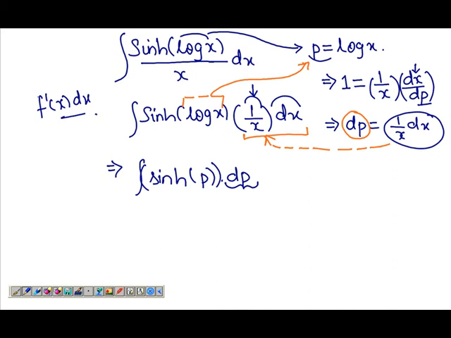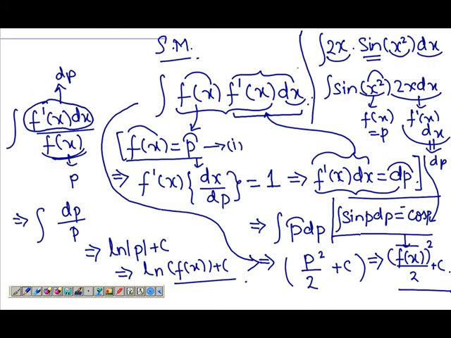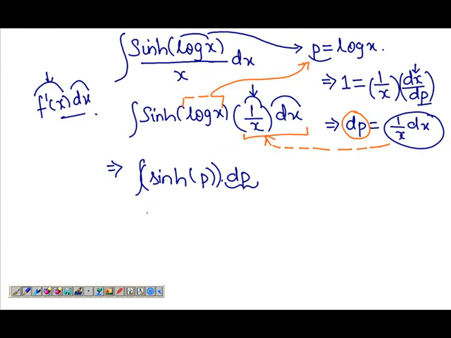Or you can also say that the derivative should be present with d of x, just as we saw there. Now the integral of sine hyperbolic is simply cos hyperbolic, which, if you're not familiar with that, you can watch the video on hyperbolic functions, plus c, and that's the answer.